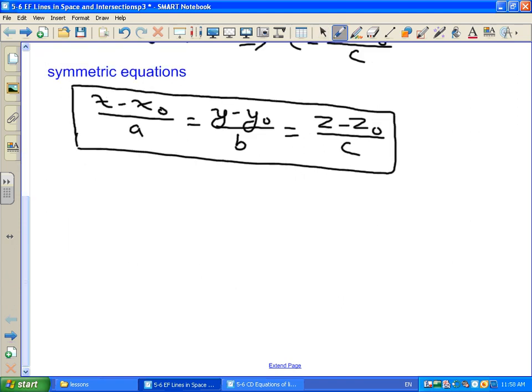The last thing to note is that there is no scalar or Cartesian equation in 3 dimensions for a line. And you can think of this because, imagine you have a line in 3 dimensions.